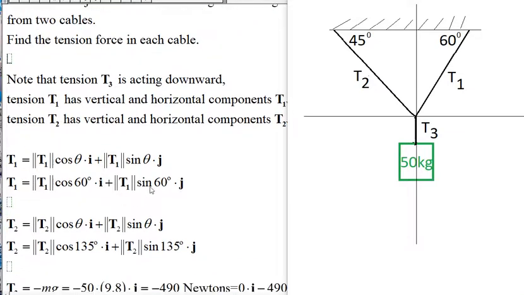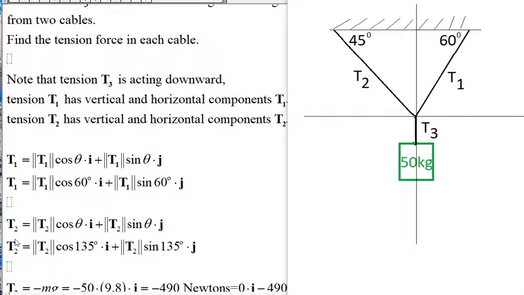And for t sub 2, or for this vector right here, this angle is 45 degrees, and therefore this angle right here is also 45 degrees. And therefore for this vector, theta will be from here to here, which is 135 degrees, because this angle right here is 45, and so from here to here would be 135.